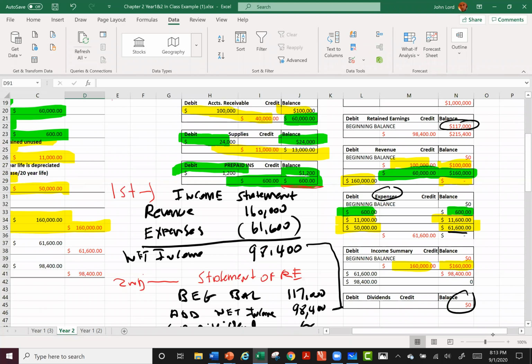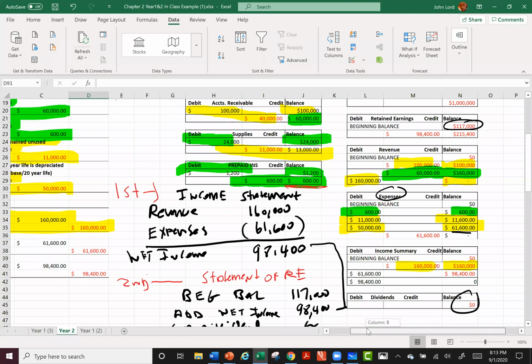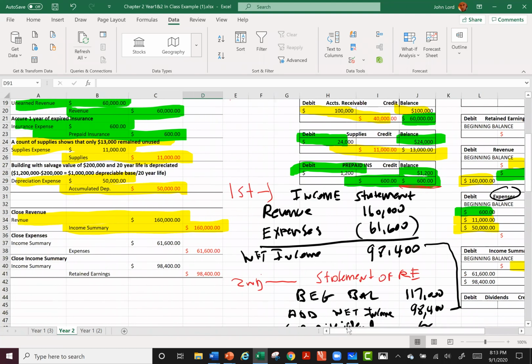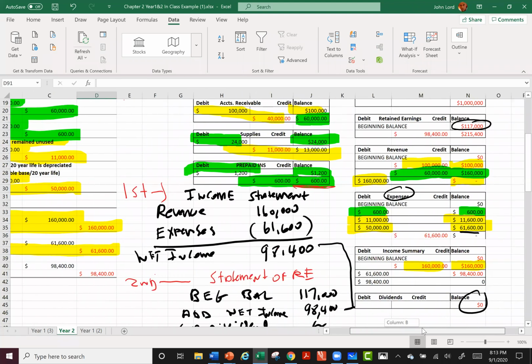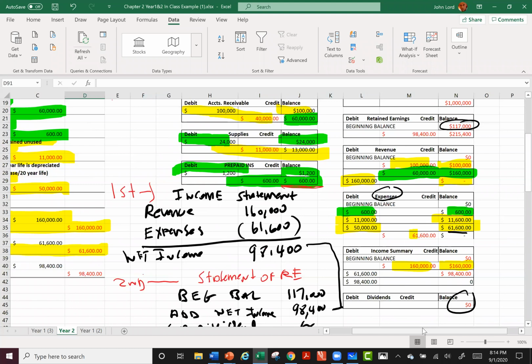But then I'm going to close my expenses. During the year for those various things, I had debited expenses for 61.6 total. Now I'm going to credit it for 61.6, and that will close my expenses.